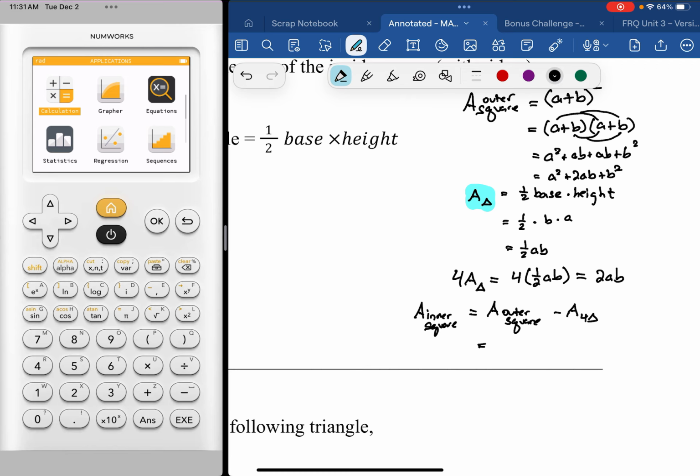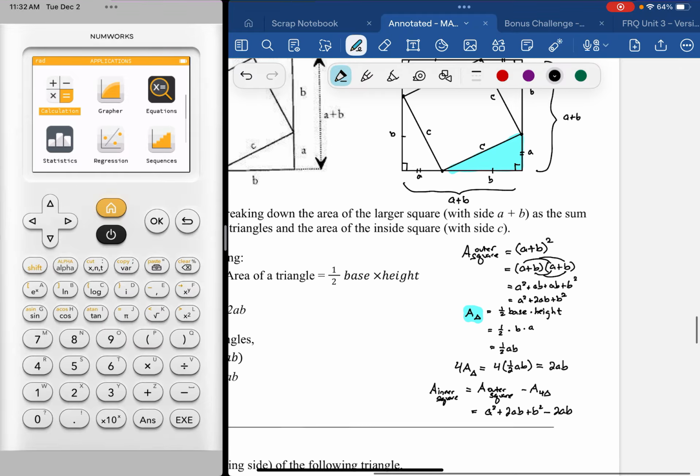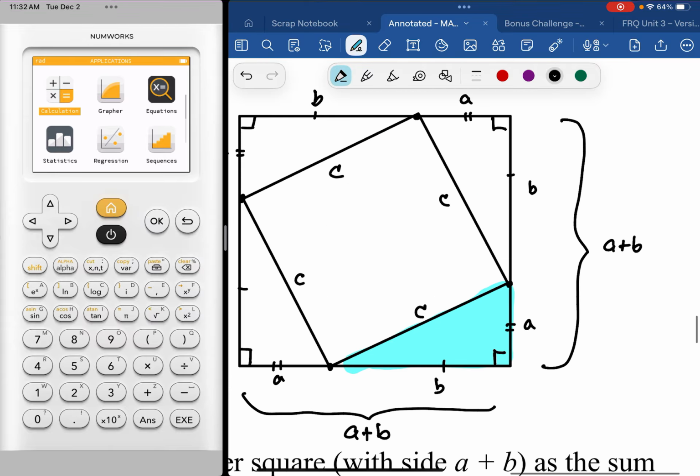The area of the outer square is A squared plus 2AB plus B squared. The 4 triangles have an area of 2AB. The inner square itself, just going back to that, I'll just highlight that in yellow.